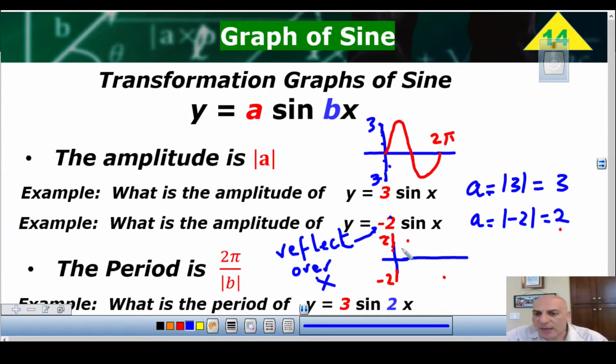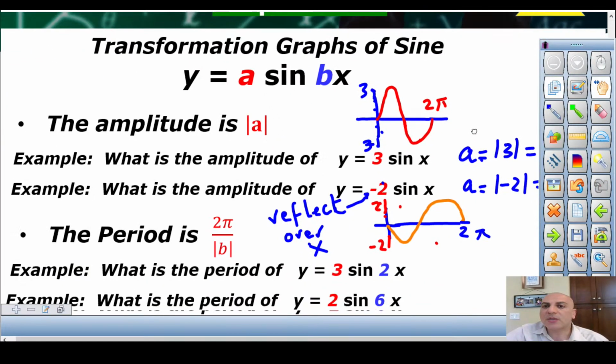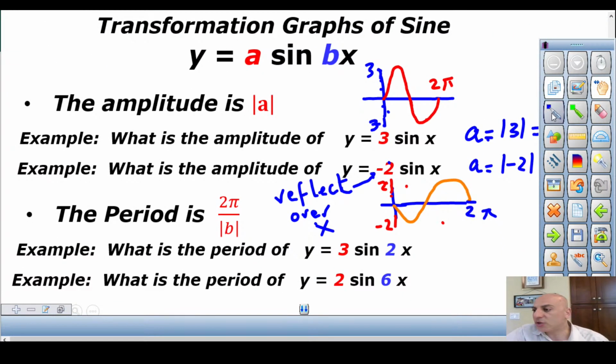So instead of starting at the top here, this one is going to flip. This one's going to start down here. If you paid close attention, the period did not change. It's 2 pi. All this one did is flip, but the period did not change.